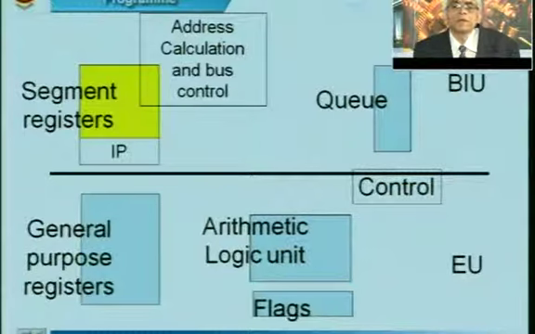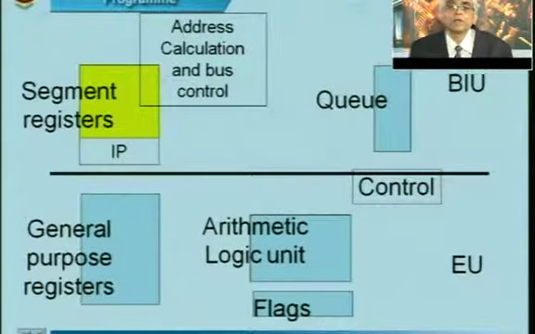Whenever data or an instruction is brought from the external world, it is loaded into the queue. The bus interface unit brings 2 bytes of data at one stroke and puts it into the queue. As long as the queue does not have 2 bytes free, the bus interface unit does not fetch any data.